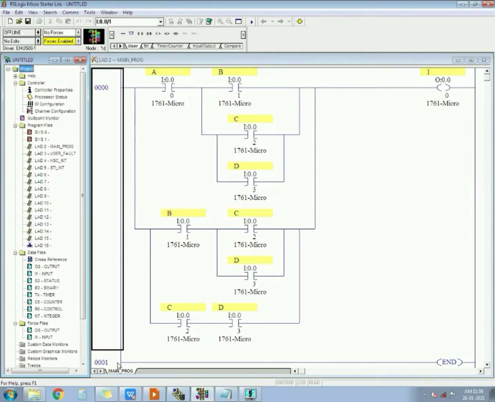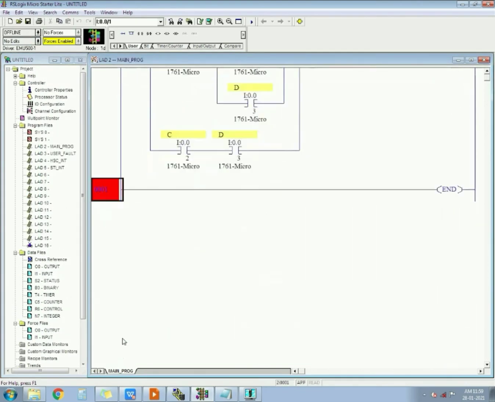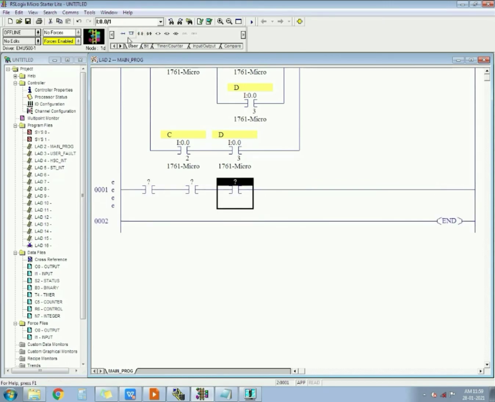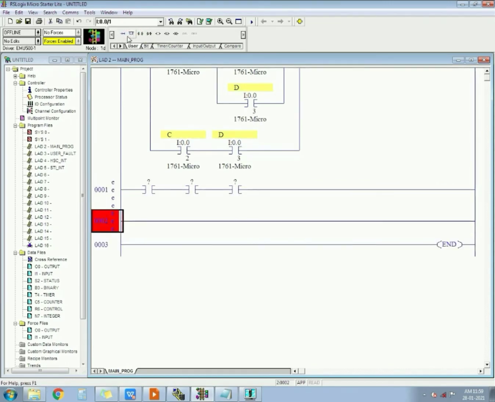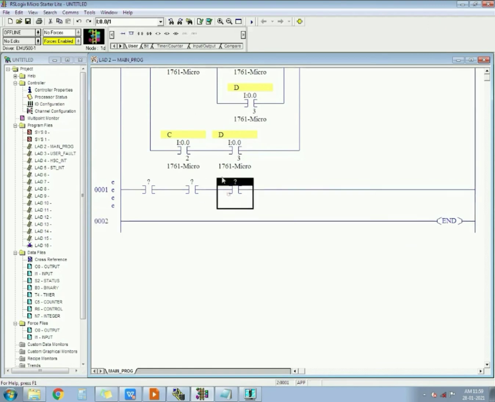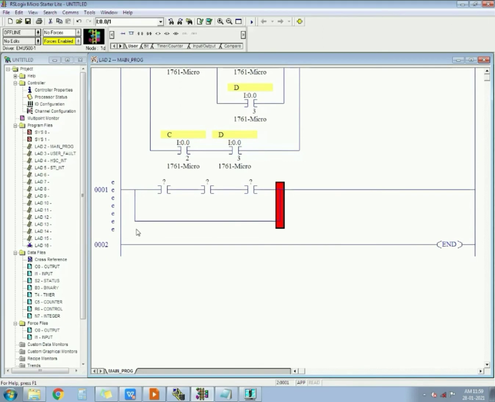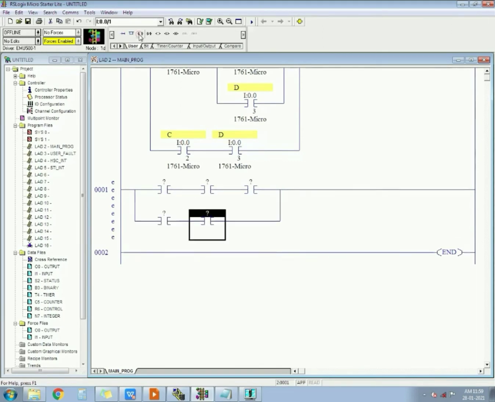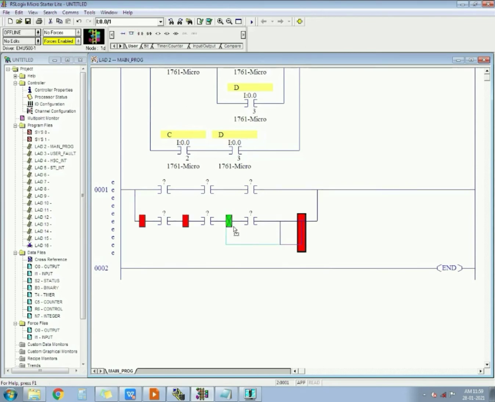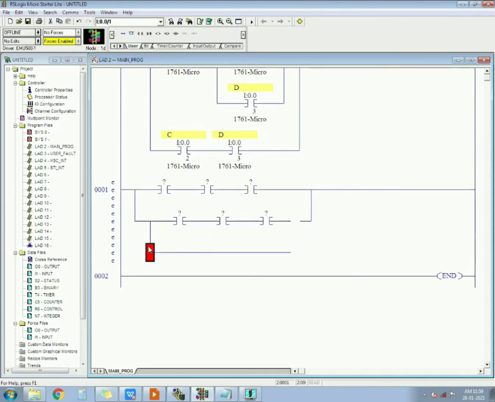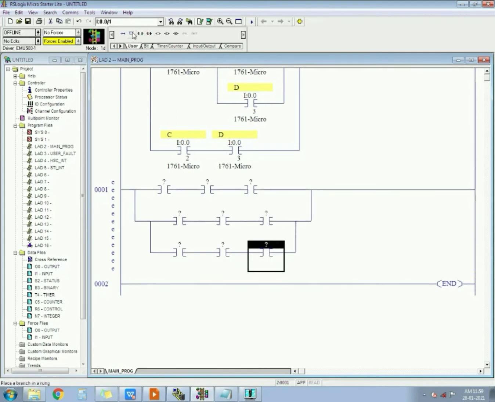We'll make it in the next rung, not in the same rung. So I will make these 4 combinations: 1, 2, 3, again take a parallel. Now I will take a parallel branch, again 1, 2, 3, again parallel, then 1, 2, 3, again parallel.